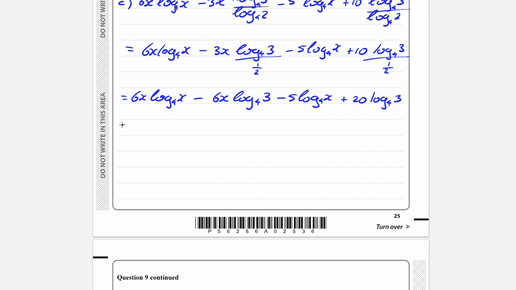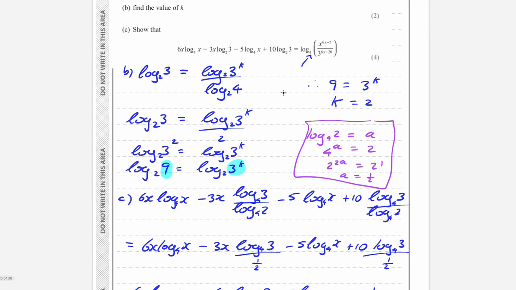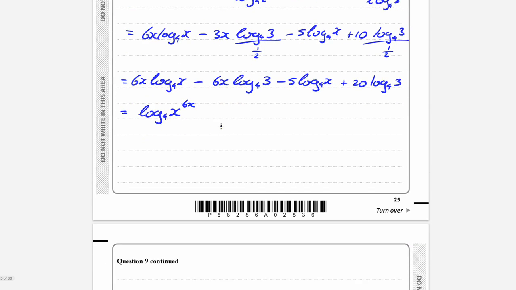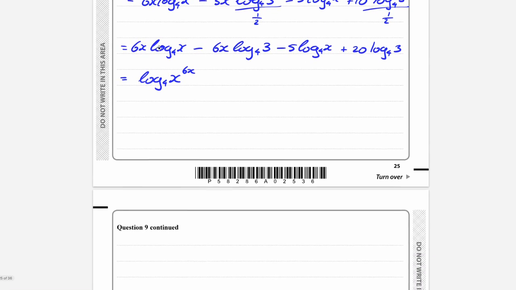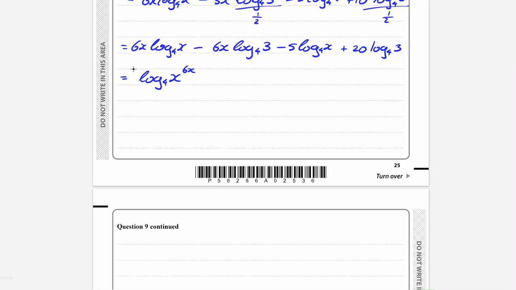So this becomes log x base 4 to the power of 6x. Now, why am I doing that? Well, that looks a bit like what the answer is at the end. So I'm putting this up here because that's a rule of log: a log b is equal to log b to the power of a.